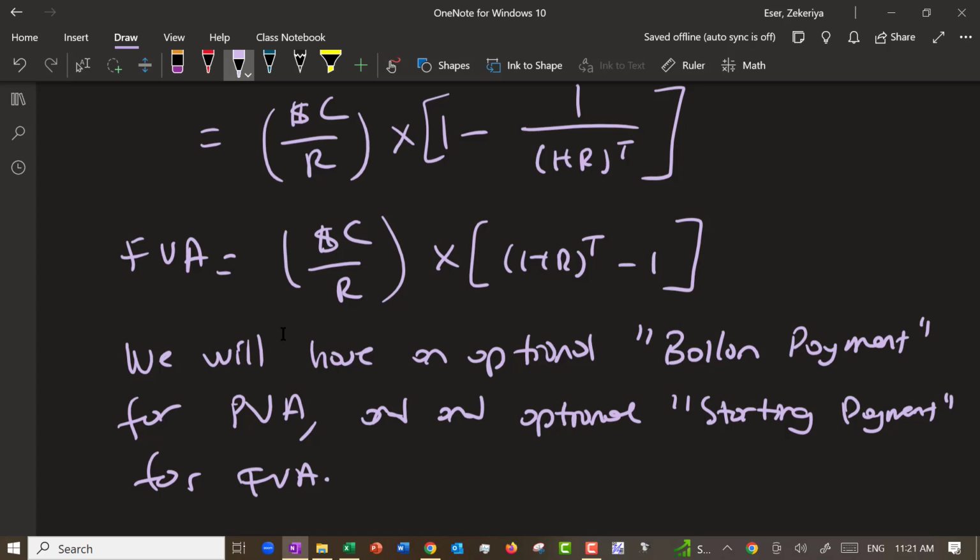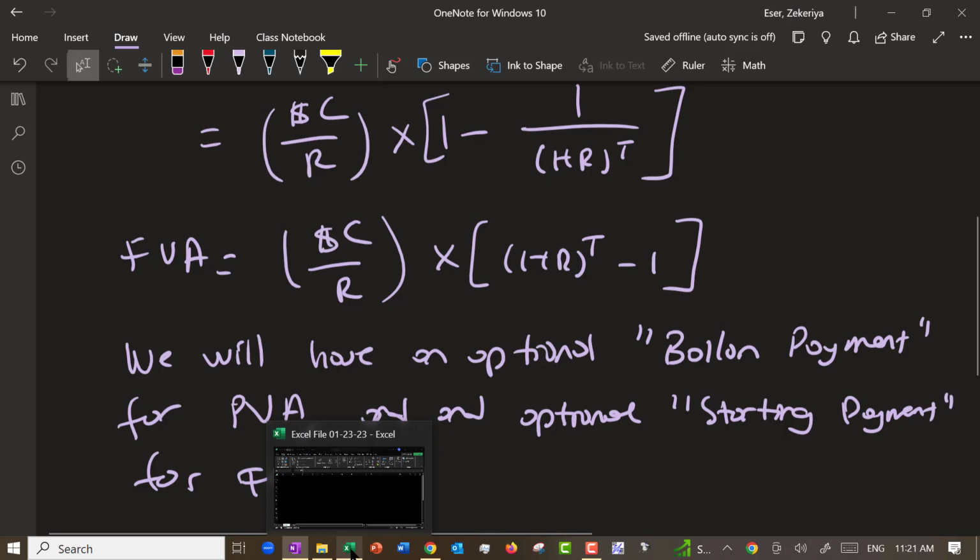Today we're going to deal with the basic version. On Wednesday we're going to incorporate growth into those payments and solve relatively difficult problems with relative ease. Okay.